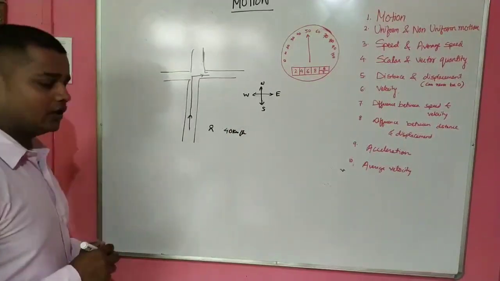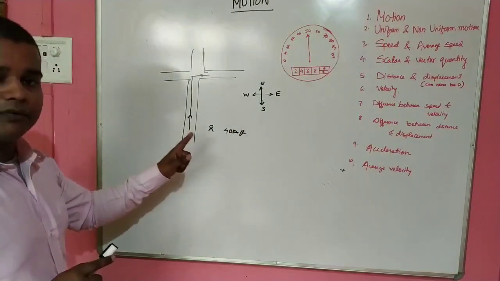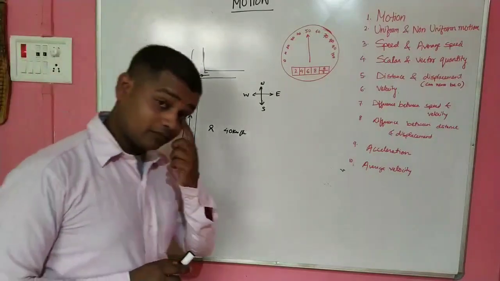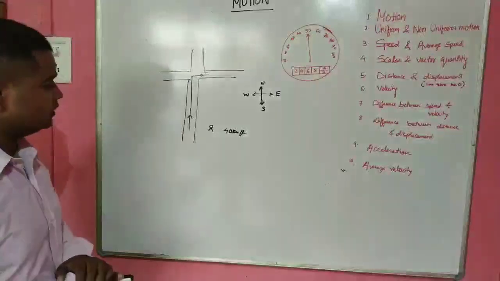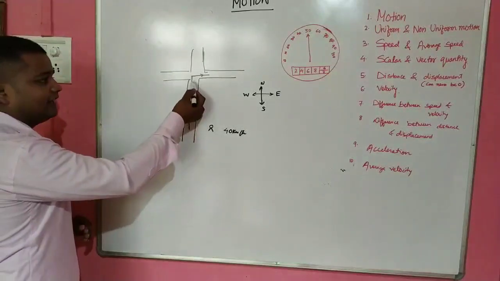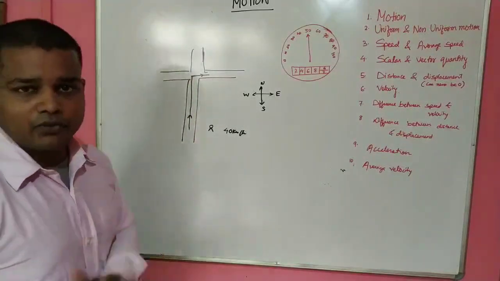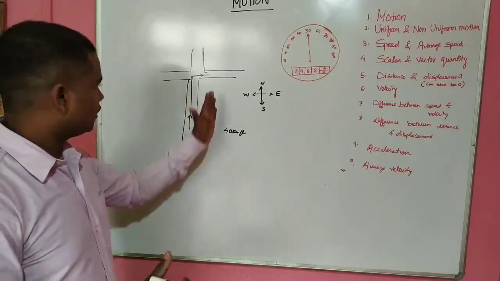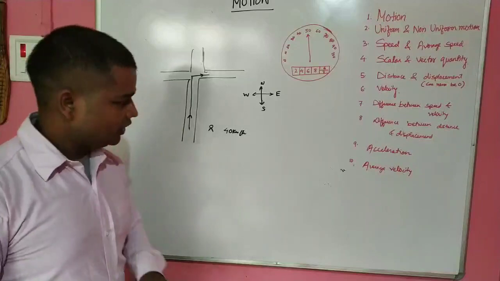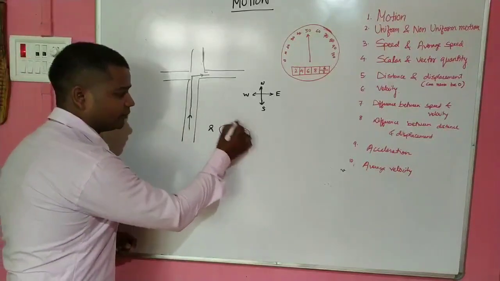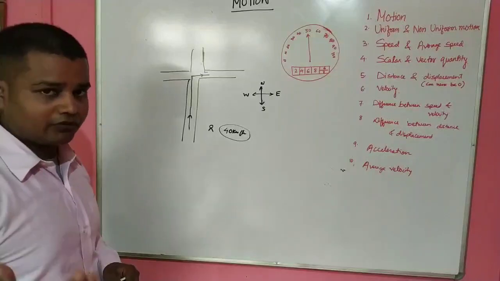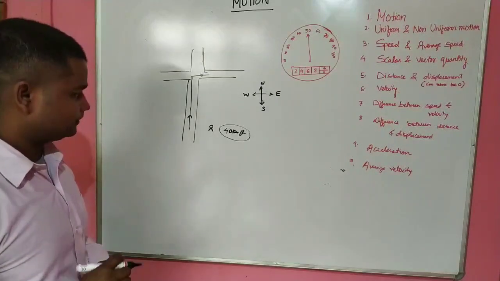Do you think with this minimum information, the police will be able to catch that thief? No, I don't think so. Because when we reach this crossroad, we will be confused where the thief might have gone, towards east or towards west. The police will not be able to catch the thief.